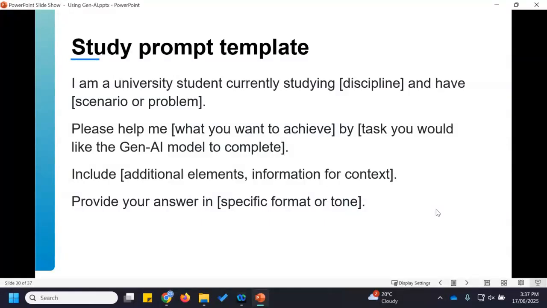So you're giving it a role, or you're giving it some context. You're telling it what you need. You're giving it some sort of parameters, like including additional elements or information for context, and then asking it to provide the answer in a specific tone or format. So it's like I said with the dot points, or you could say in a professional tone, in a friendly tone.